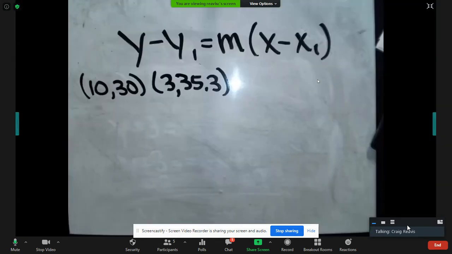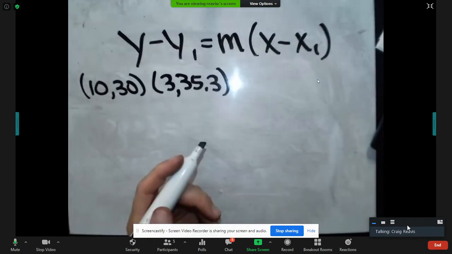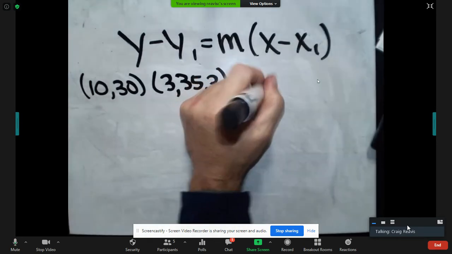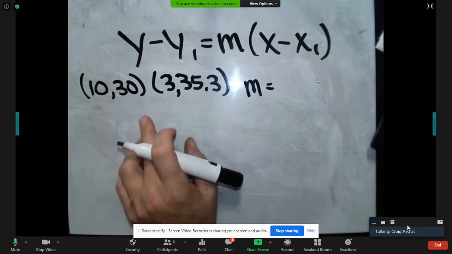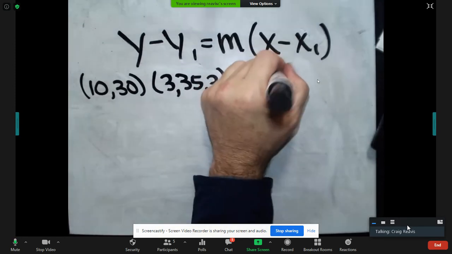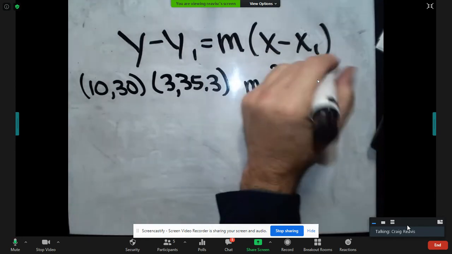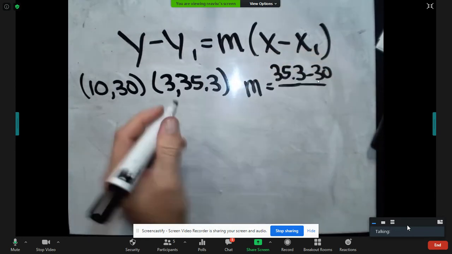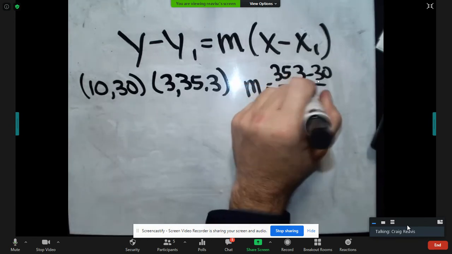All right, first thing we need to do, we've got 2 points. We need the slope. So the slope, we're going to subtract y minus y, so 35.3 minus 30 over x minus x, 3 minus 10.